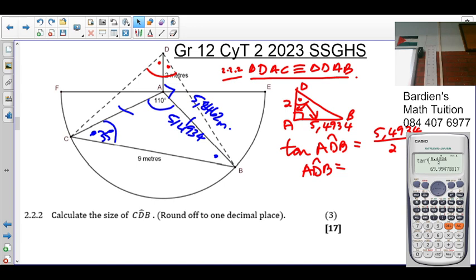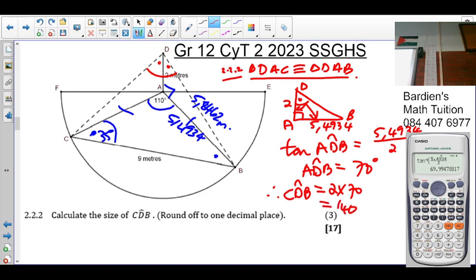So it's basically 70 degrees. Therefore, CDB is equal to 2 times 70, which is 140 degrees. That's one way of doing it.